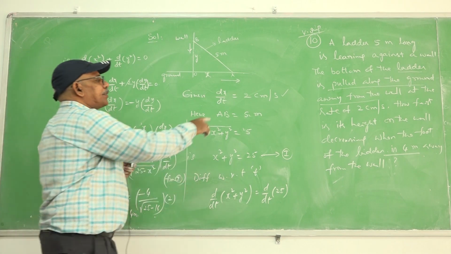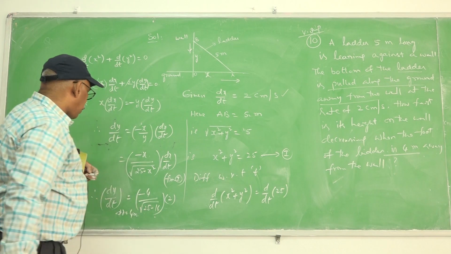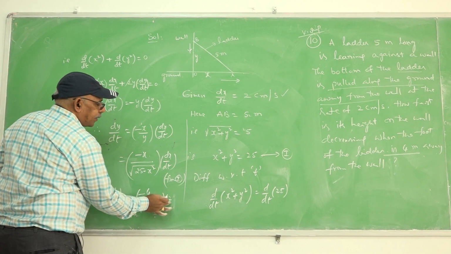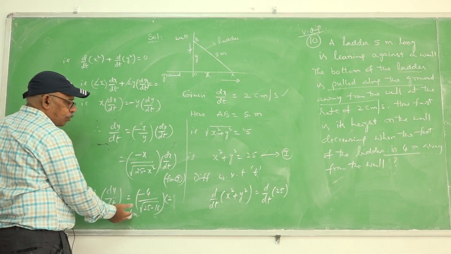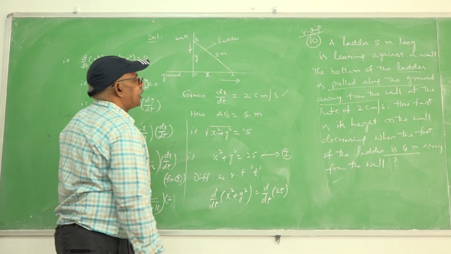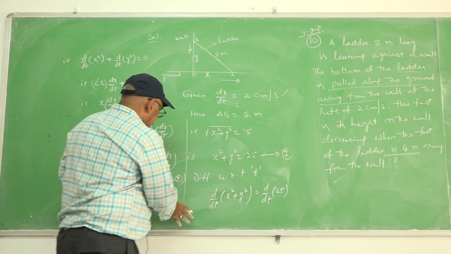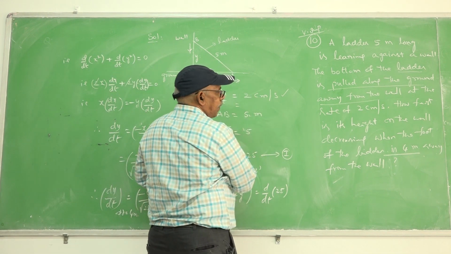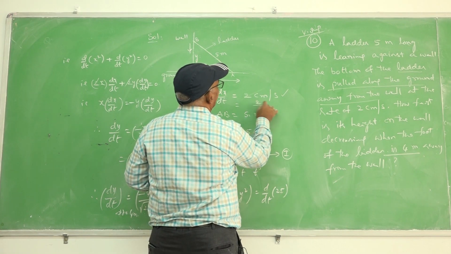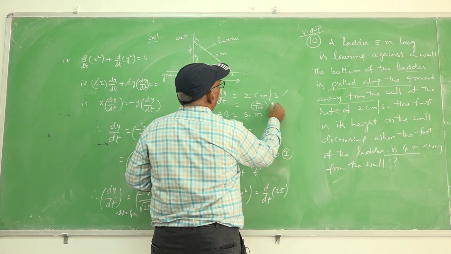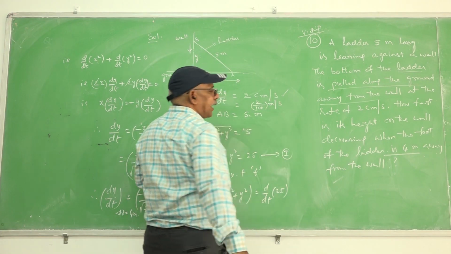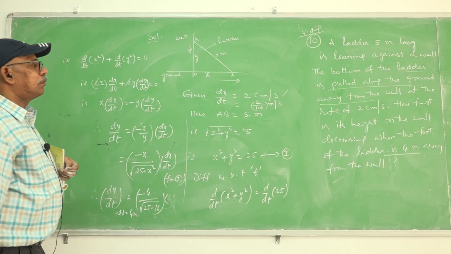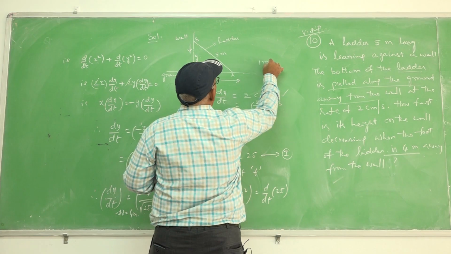But this is given in centimeters and 4 is given in meters. So, hence change this one to meters, or change this 4 into centimeters. The rate of change in x, 2 centimeters, in terms of meters is 2 by 100 meters per second, because for 1 meter the centimeters are 100.